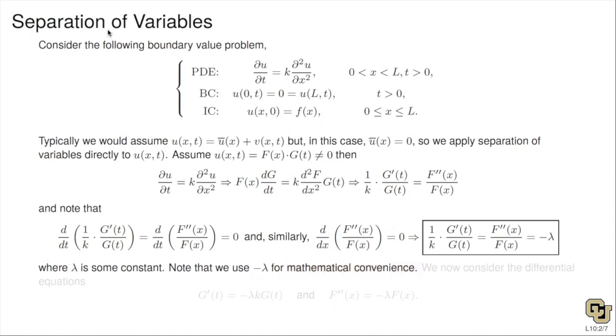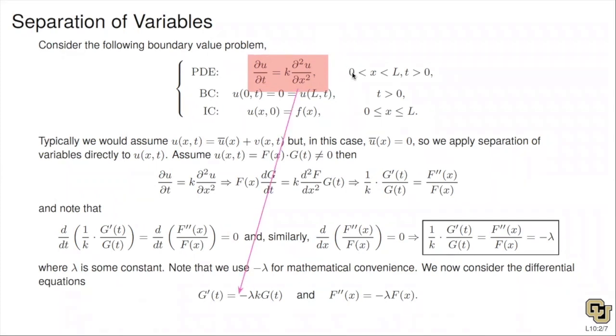Okay. So now we have two ODEs, and we've essentially decoupled, or taken apart, the original PDE in two variables. You now see we've decomposed it or decoupled it into these two ODEs.